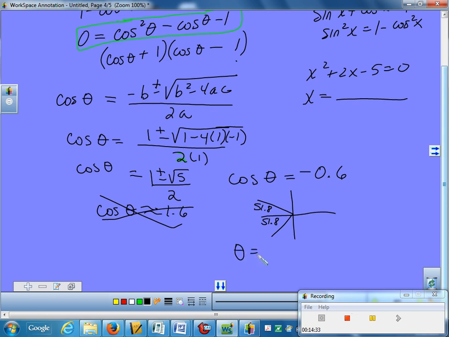Then you can calculate it from there. 180 minus 51.8 is 128.2, and 180 plus 51.8 would be 231.8. I just went from 180, subtracted it, and added it, just normal.